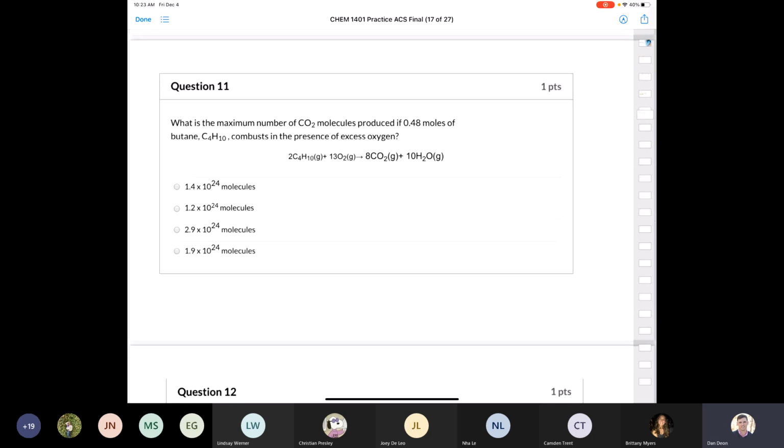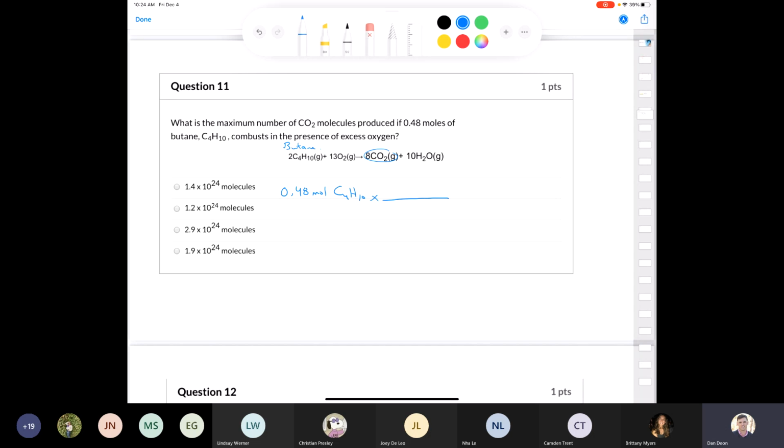What is the maximum number of carbon dioxide molecules produced if 0.48 moles of butane combusts in the presence of oxygen? Well, this one here, this is butane, C4H10. We've got 0.48 moles of C4H10. And from our balanced equation, we can see that for every 2 moles of C4H10 that are consumed or combusted, we produce 8 moles of CO2.